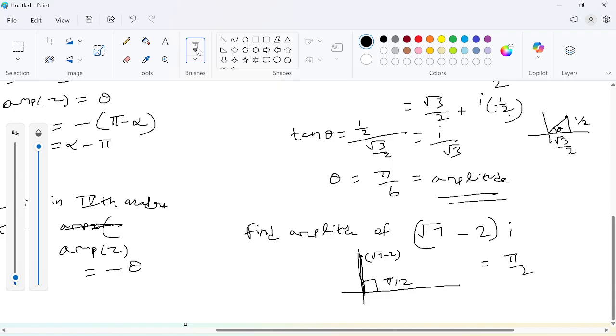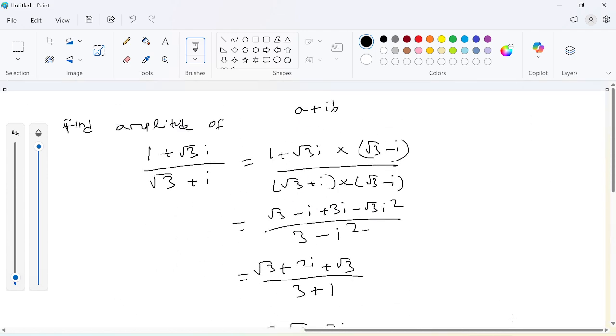Okay, so now we'll see one more scenario, for z is equal to 1 minus i root 3.